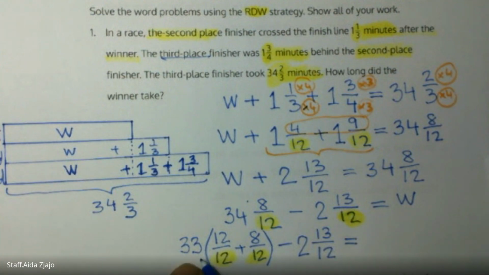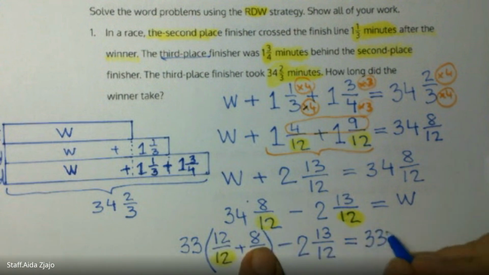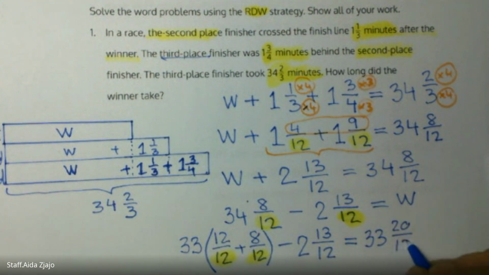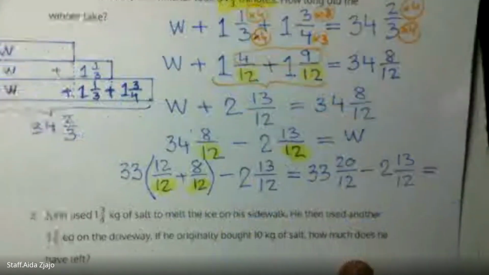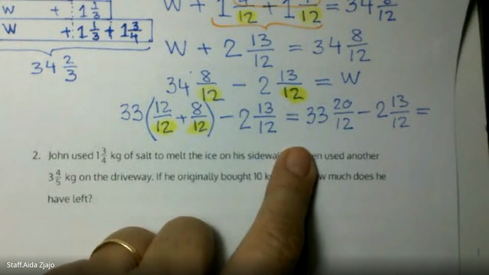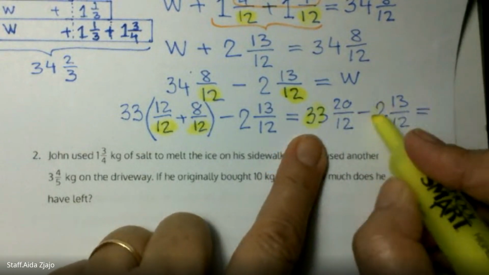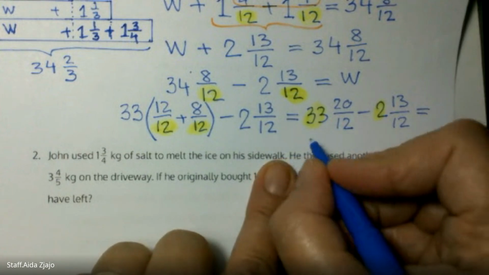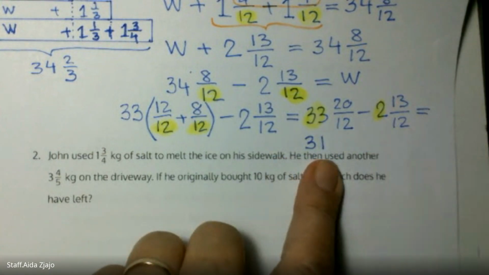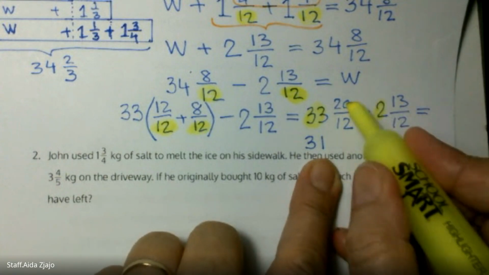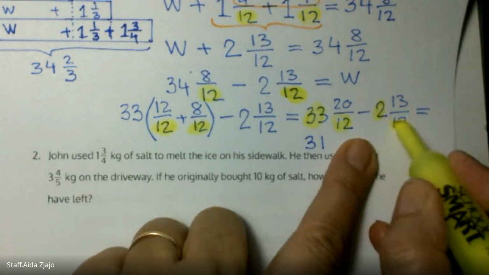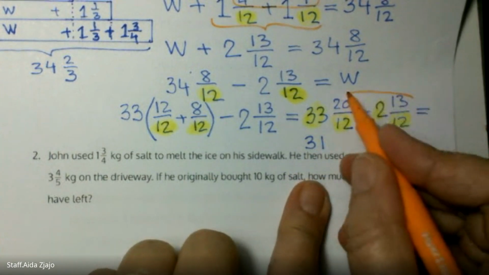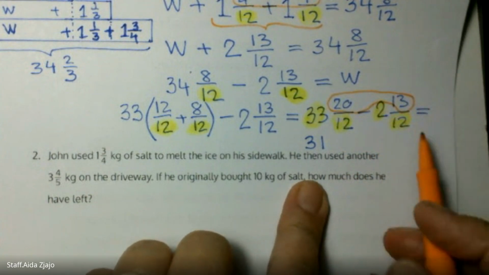So when we have 33 wholes, and 12 plus 8 is 20/12, minus 2 wholes and 13/12, we can subtract 33 wholes minus 2 wholes is 31 wholes, and 20/12 minus 13/12, 20 minus 13 is 7.